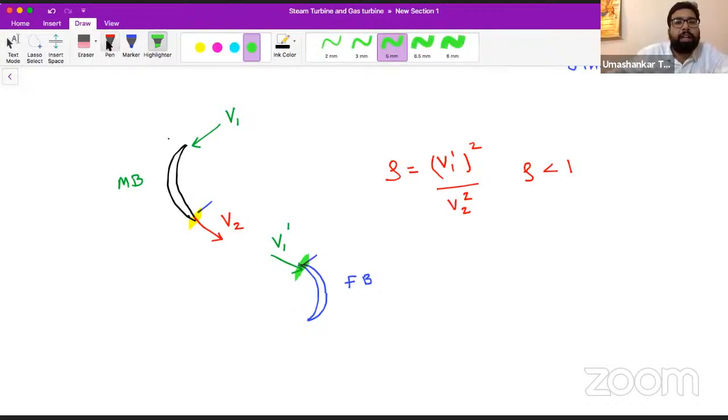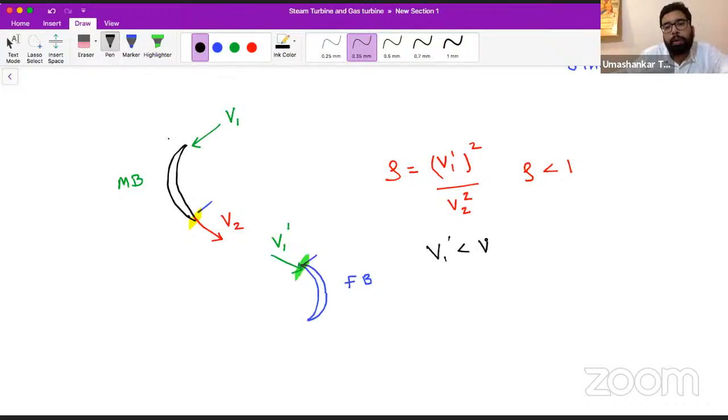So definitely the velocity of steam is going to get decreased. Although the steam leaves the first row of moving blade with a higher velocity, it cannot reach the next row of the blades with that velocity only.